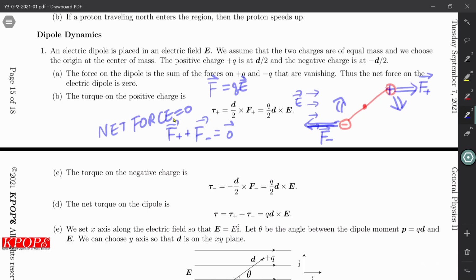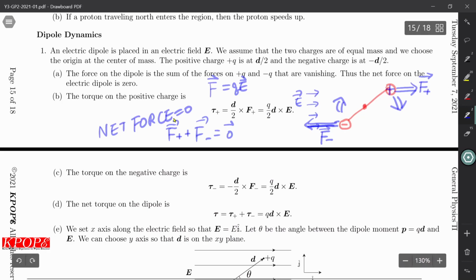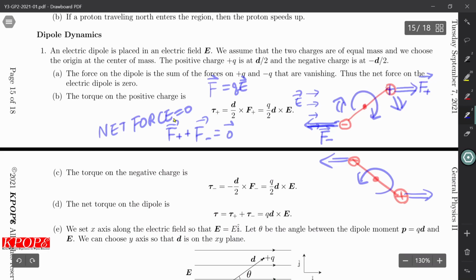What happens if this positive charge is below, for example, in this case? Again, force is along the same direction. However, the torque is along this direction. So in this case, therefore, there is some equilibrium position.